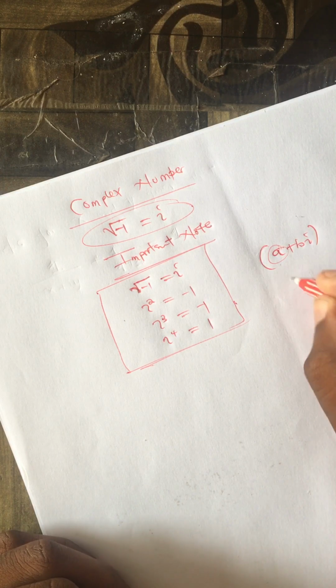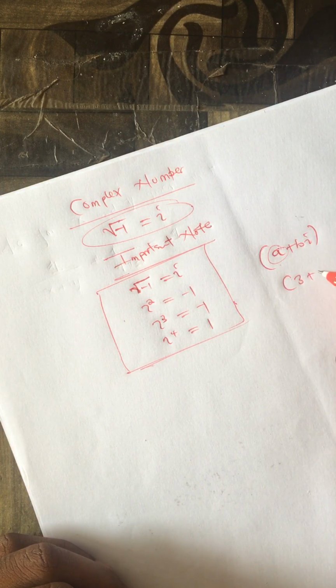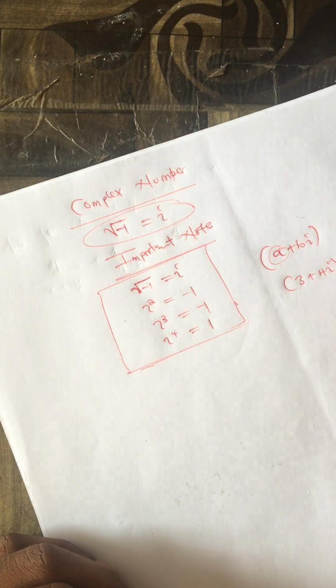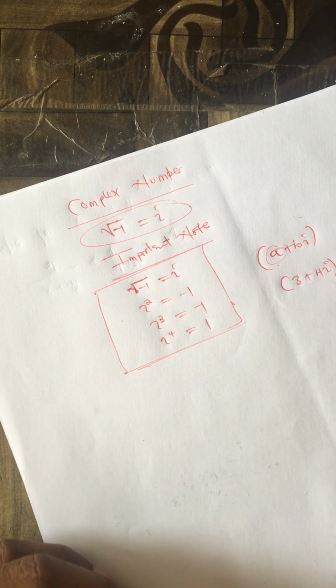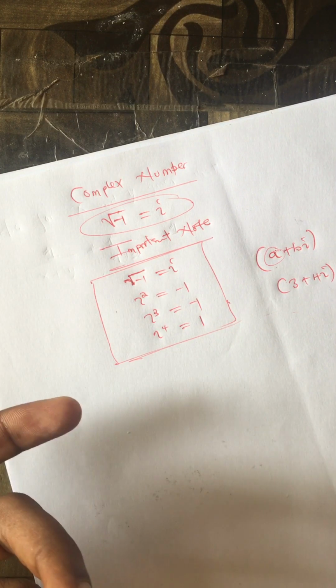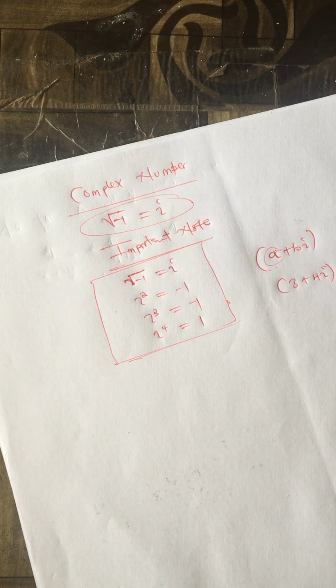So for example, if they tell you 3 plus 4i, then plus, in bracket, maybe 5 minus i, like this, you have to add these numbers. So it's the same thing you used to do in grade 7 or grade 12.